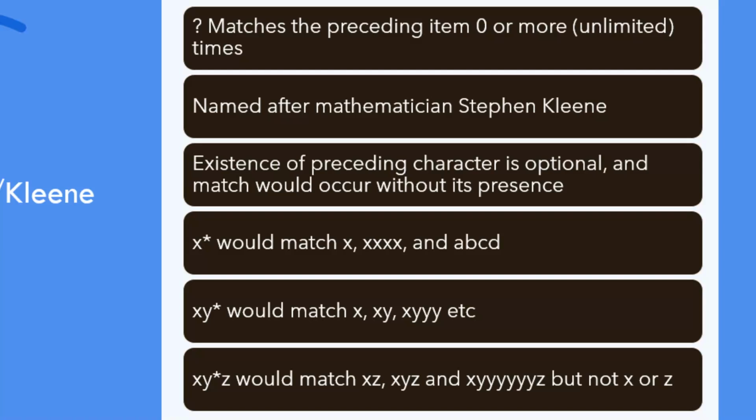Similarly, XY* would match X, XY, XYYY, but not ABCD since presence of preceding X is mandatory here. Just to make sure there is no gap in understanding, XY*Z would match XZ, XYZ, and XYYYYZ, but not X or Z alone.